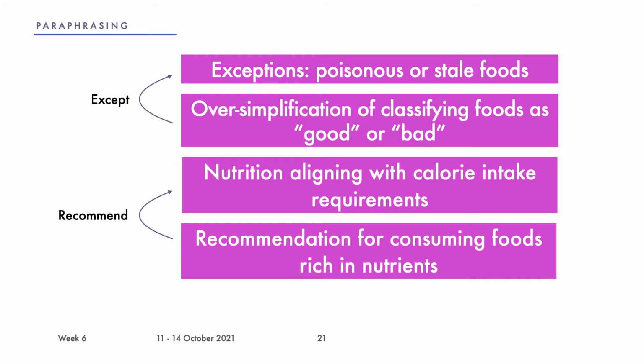So the first point about poisonous or stale foods would be one exception. Okay, in that we can confidently label them as bad food. Otherwise, no food is considered good or bad.